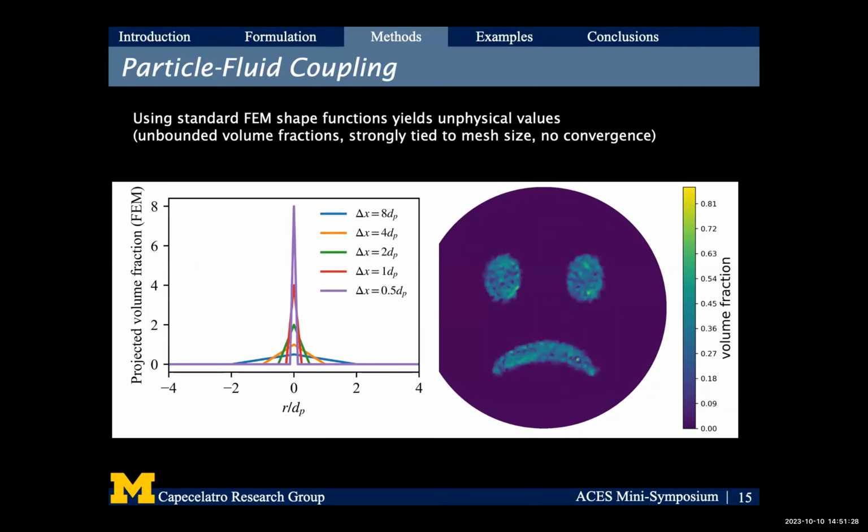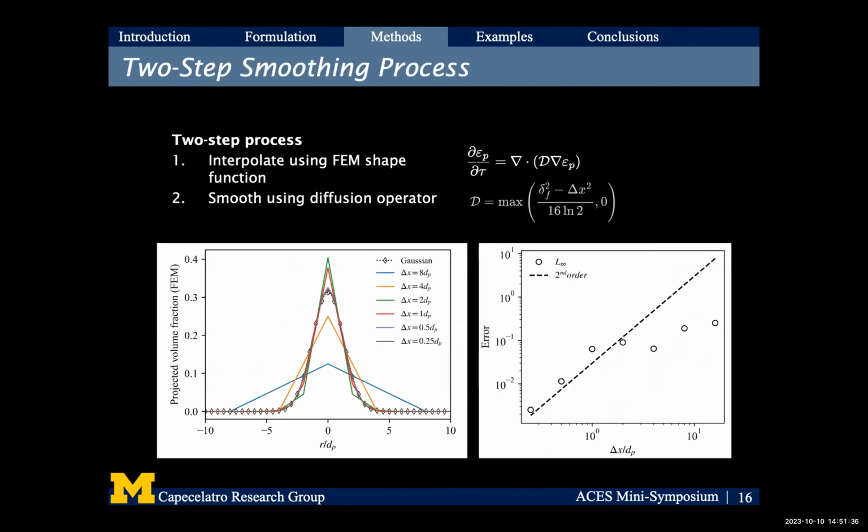That was, when we started this project, what was out there in terms of how people dealt with two-way coupling on finite element meshes. So what we do instead is a two-step approach, where we send the particle data to the local mesh, and then we apply a smoothing operation that's implicit and very efficient, such that, if we think about this in 1D, the final form is Gaussian with the prescribed filter size.